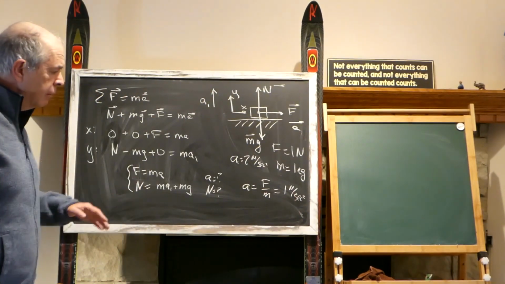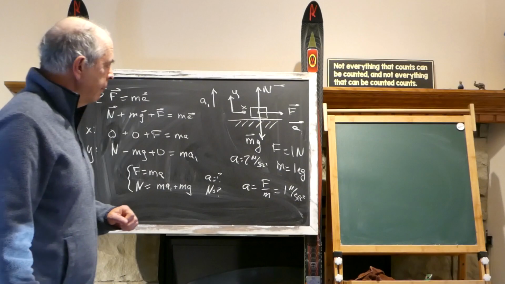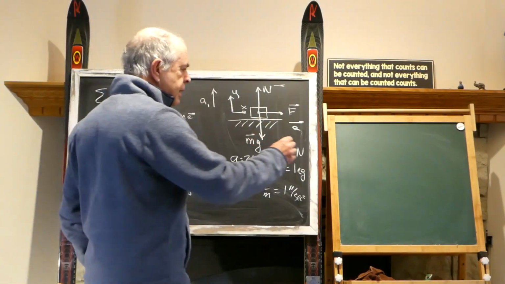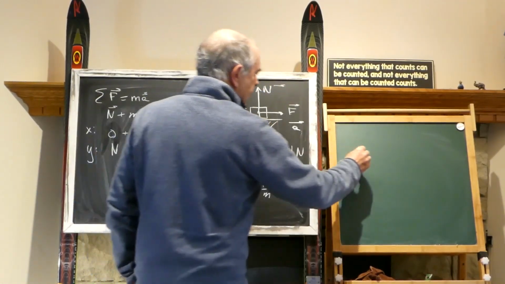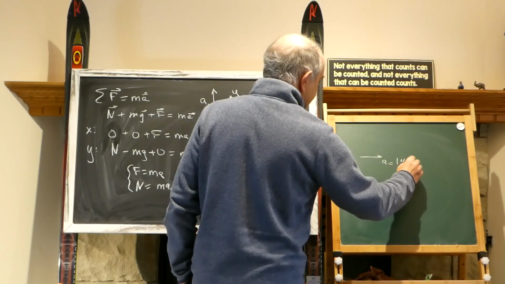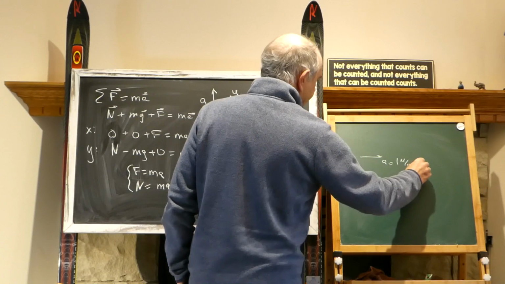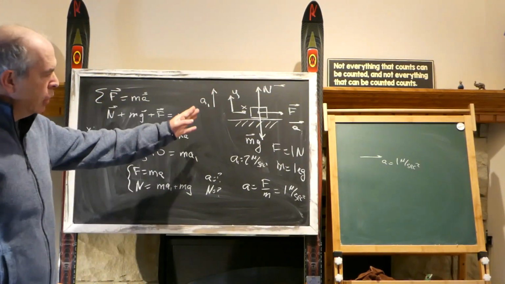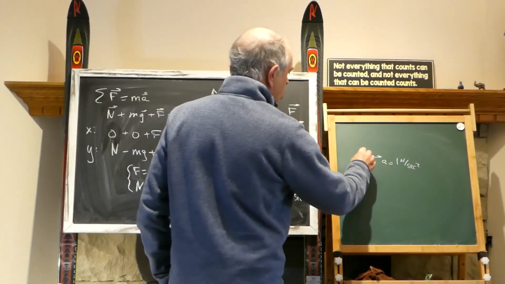We can find N, though nobody asks about N. What I want to say is that this body has this acceleration a, which is 1 meter per second squared. And it has vertical acceleration because it goes with the lift.